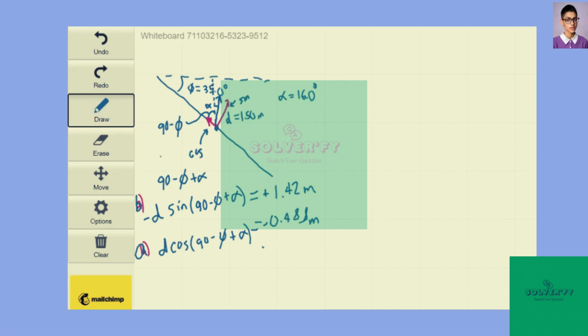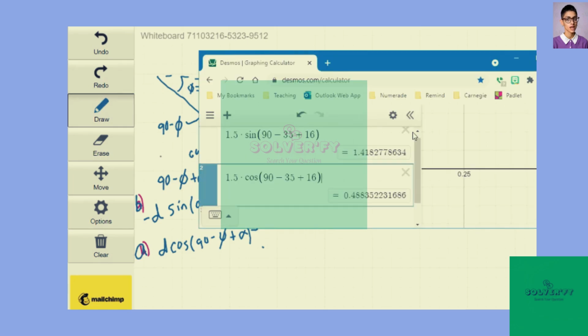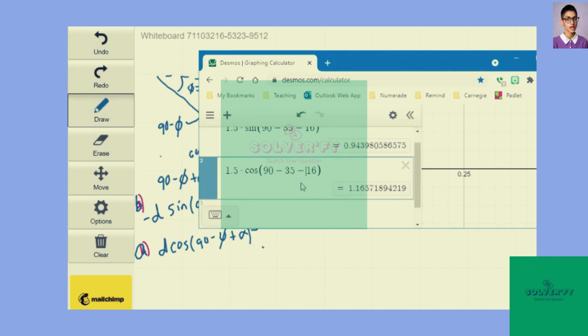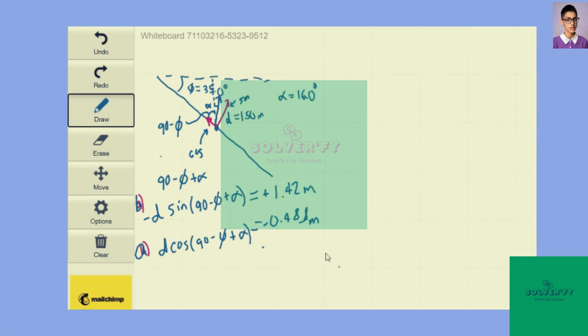So I'm just going to try that first before I look in the book. That does give me the right answers. So if I make alpha negative, it does give me the right answers.